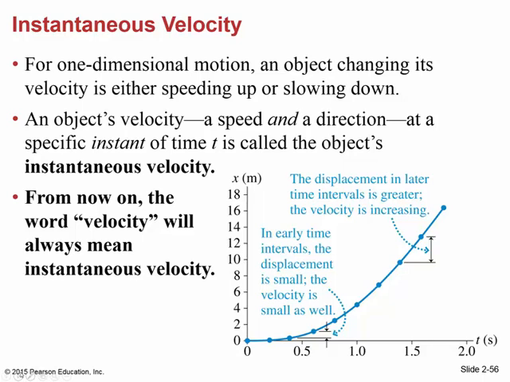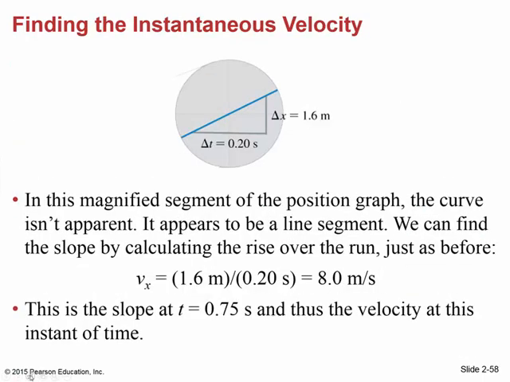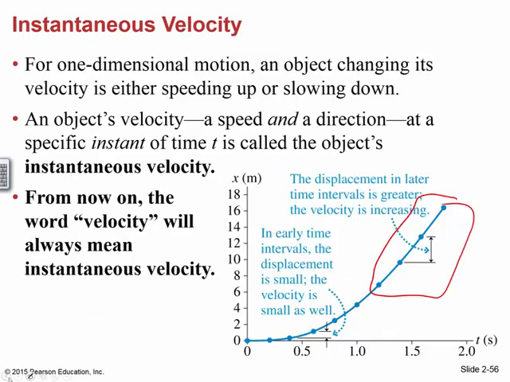If you look at this region of the graph up here, where it's pretty straight, we would find that the instantaneous velocity and the average velocity in that section of the graph would be the same.